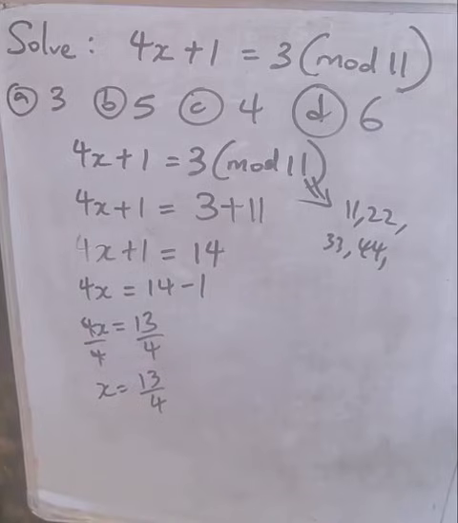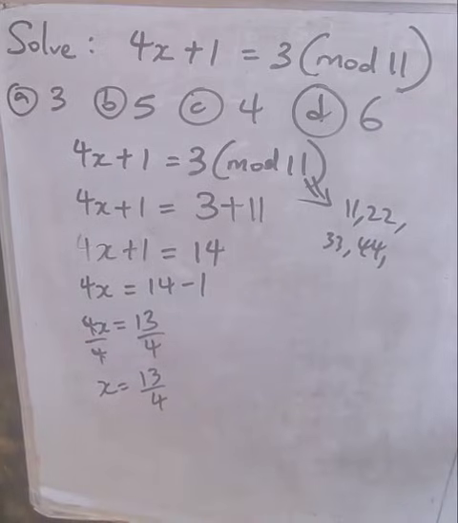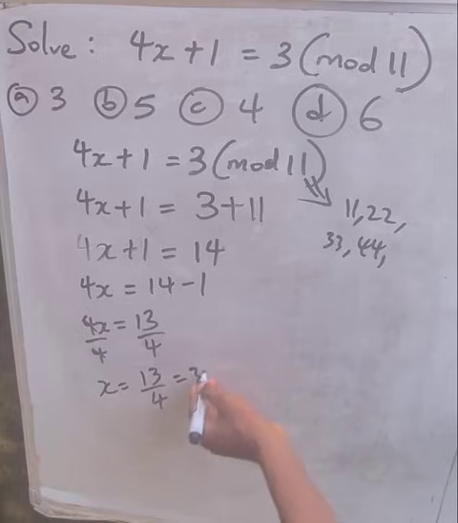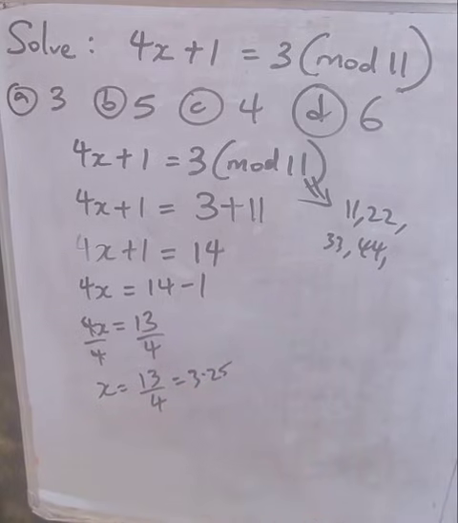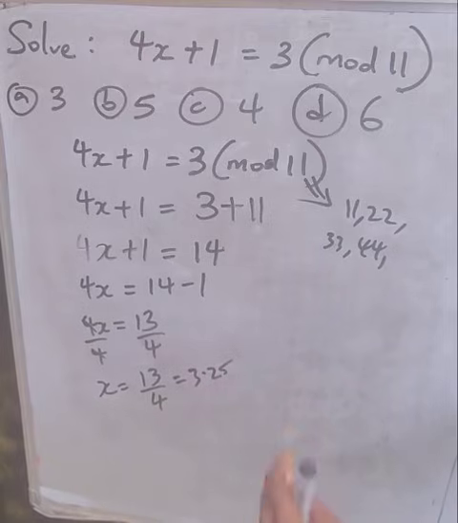It is not an integer, because 13 over 4 is 3.25. So this is not an integer.